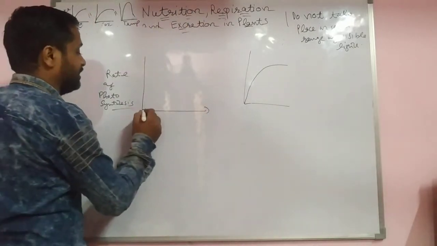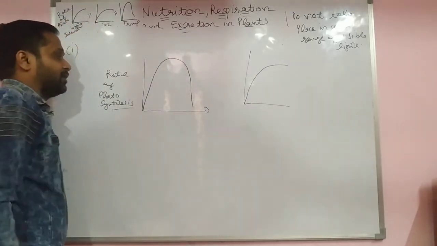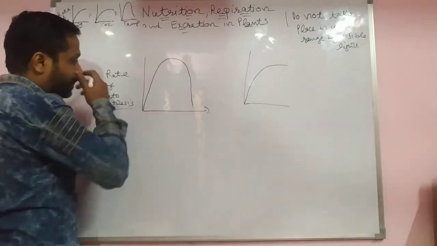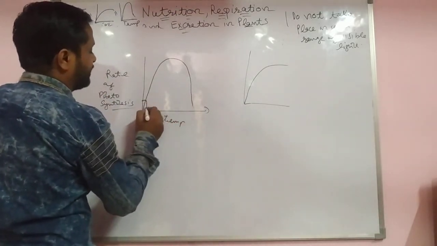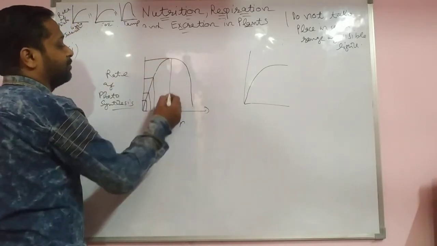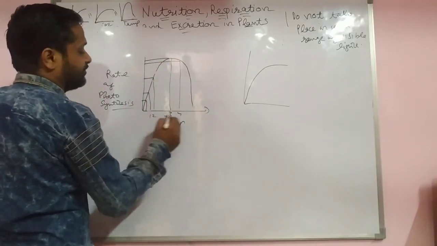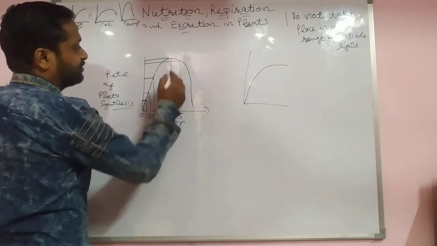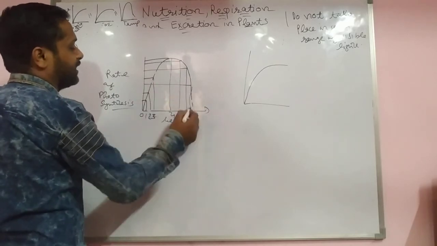The graph is like this, not touching zero. The rate of photosynthesis is not zero. Keep in mind. Here we take temperature. When temperature increases, the rate increases. Here is the maximum. But afterward, if you increase it, the rate starts decreasing. The rate starts decreasing here, again decreasing. Keep in mind.